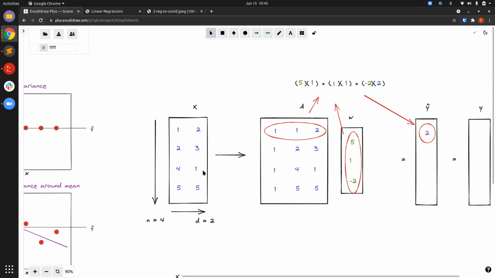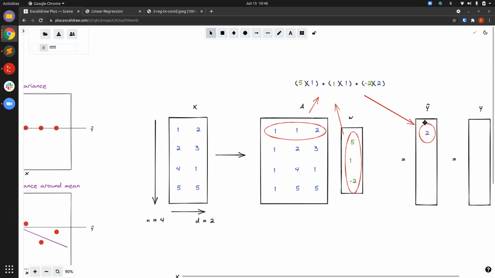How many operations did we need in order to compute one element in the answer? To compute one element in the answer, we needed 2 times as many operations as there are columns here. The number of columns here is d. We have d equals 3. In order to compute one element, it's O of d.